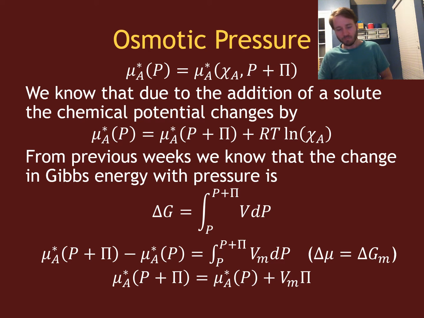And so the chemical potential of a liquid with the addition of some external pressure is just equal to the pure chemical potential plus the molar volume times that change in pressure. Now here I'm assuming I go from some initial pressure P to some pressure plus this extra pressure, which I'm calling capital pi, this osmotic pressure that we're applying.